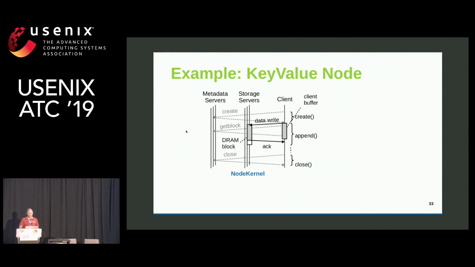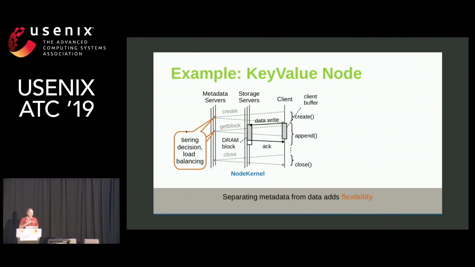The point of that figure is to show that the fact that in NodeKernel we're using an additional metadata plane gives us extra flexibility, because in every operation the metadata server can decide what is the best storage server and the best storage tier to store that block.